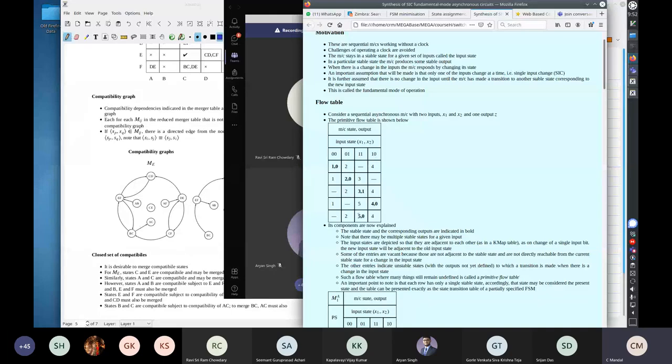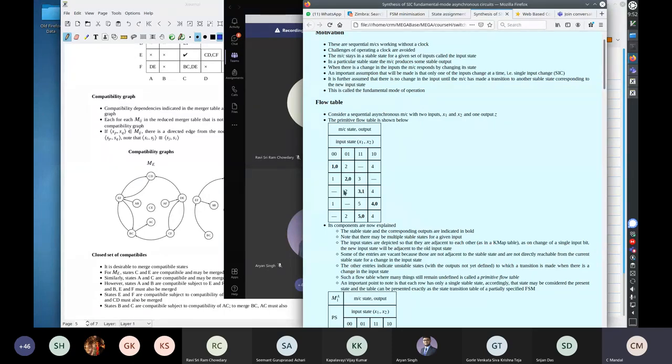So you're approaching 1, 1 from two different places. You're approaching 1, 1 from either 0, 1 or 1, 0. In 0, 1, the state 2 is the stable state. Now, in 1, 1, of course, you've got two stable states. So if the input changes to 0, 1, you go to state 2.